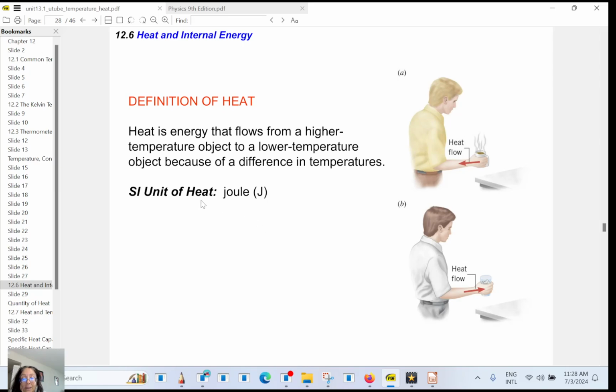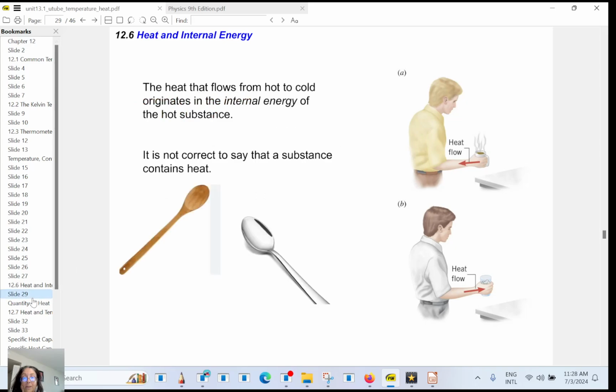The unit for heat in SI unit is the Joule. So just a parenthesis here. You cannot say that a substance contains heat. It's not like a caloric fluid. It's not a fluid, but it's just energy being transferred because of a difference in temperature.